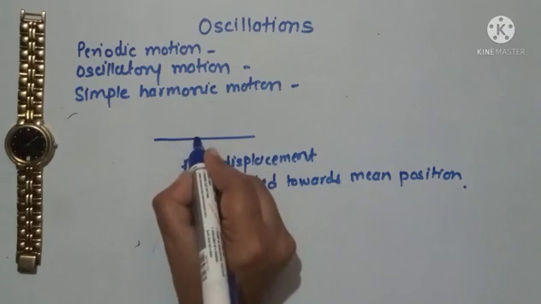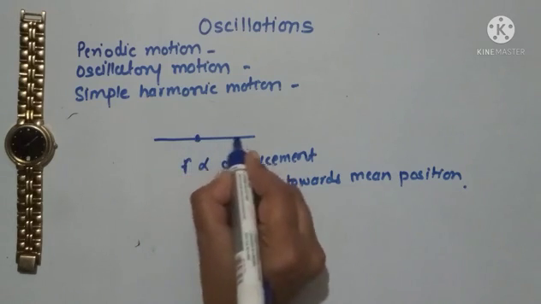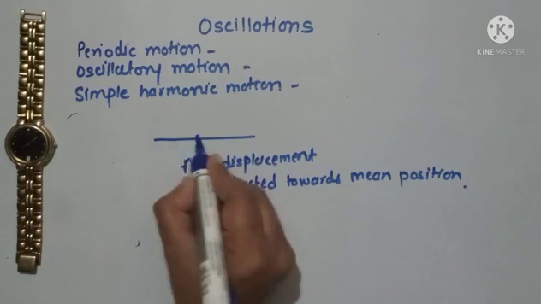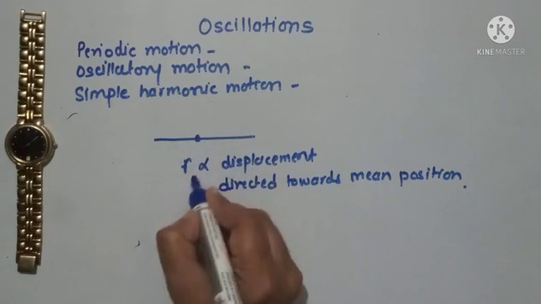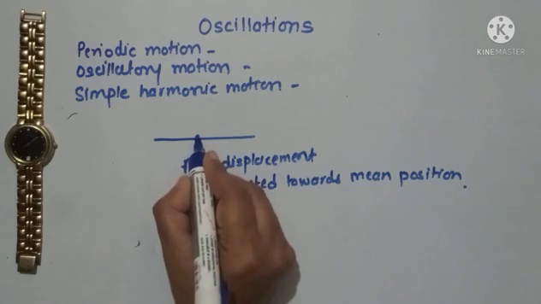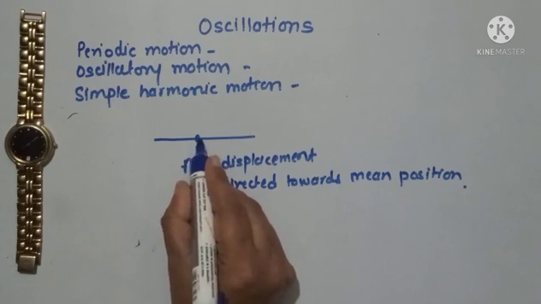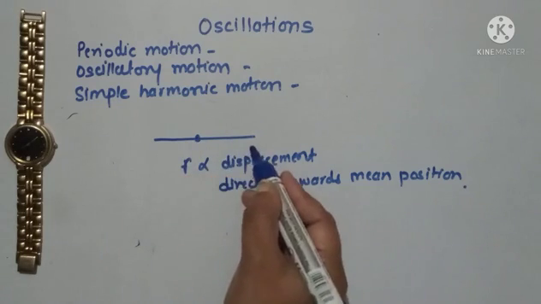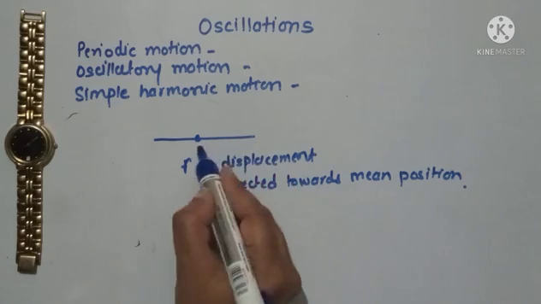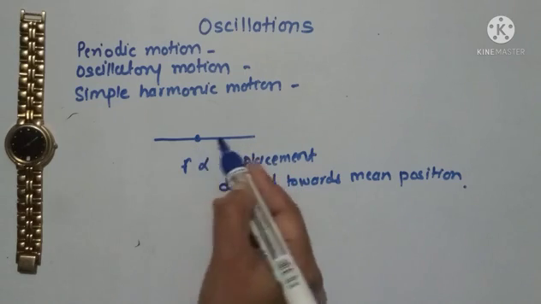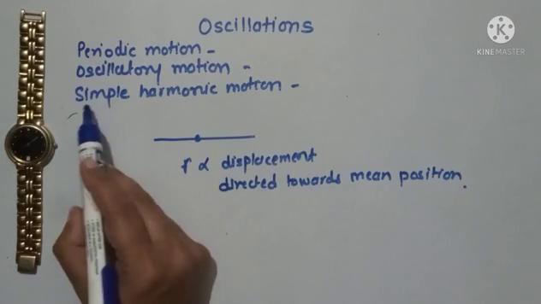So if a particle is performing a back and forth movement about its mean position, and the force applied on this particle is directly proportional to the displacement and is always directed towards the mean position, then such a type of motion is called a simple harmonic motion.